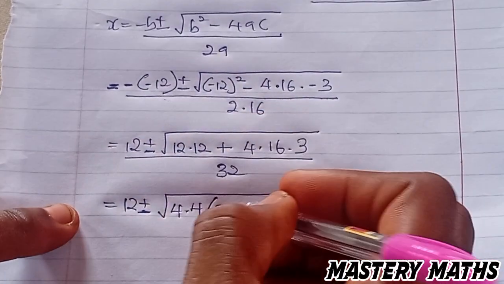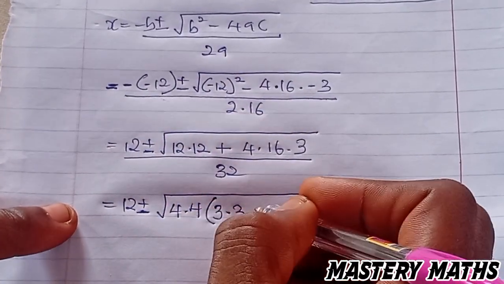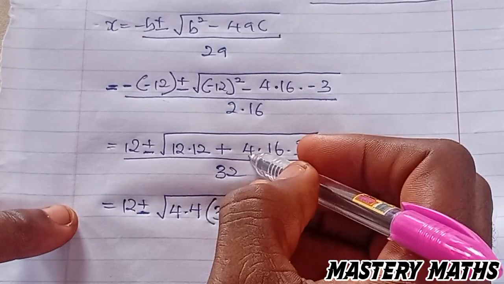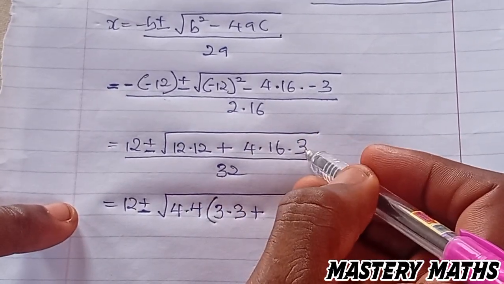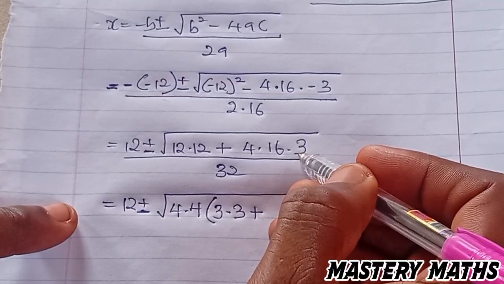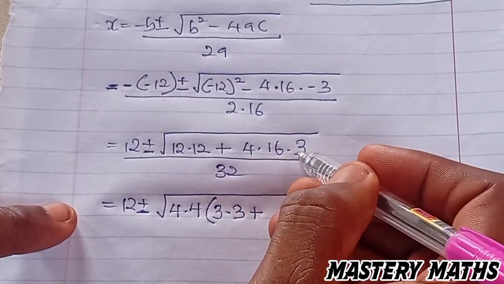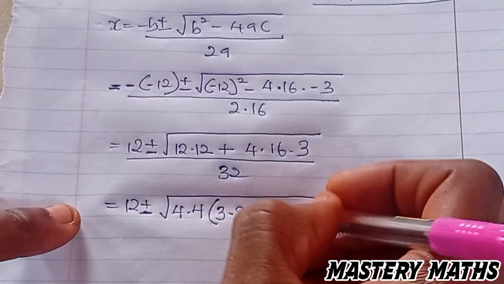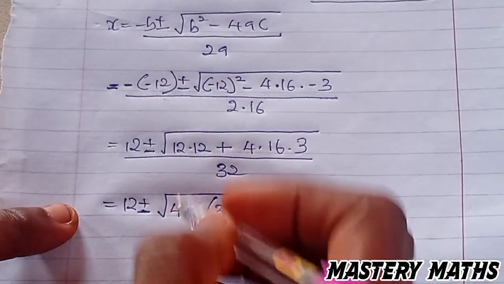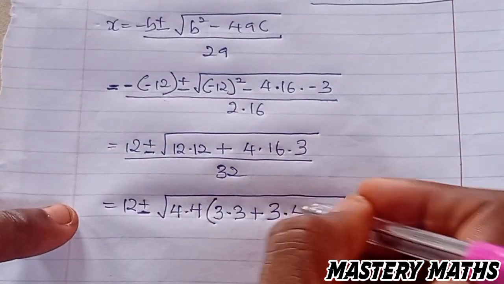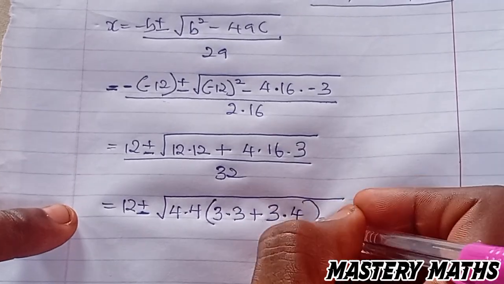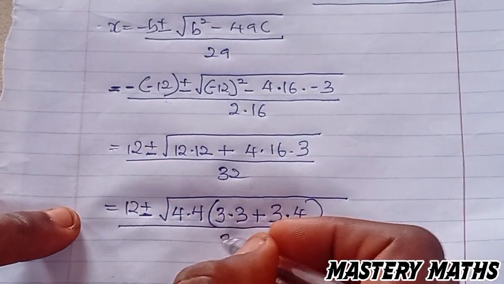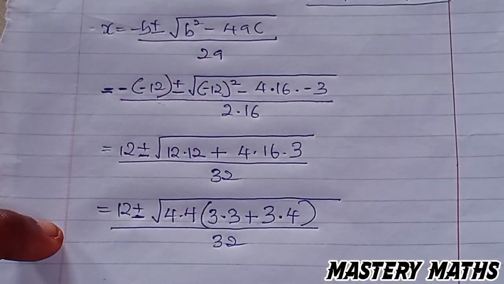Now you have 4 times 3, which is 12. 4 going into that 12 will give us 3, times 4 going into 16, which is 4. Close your bracket, then all over your 32.